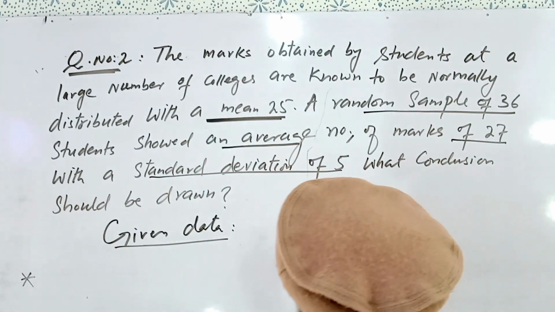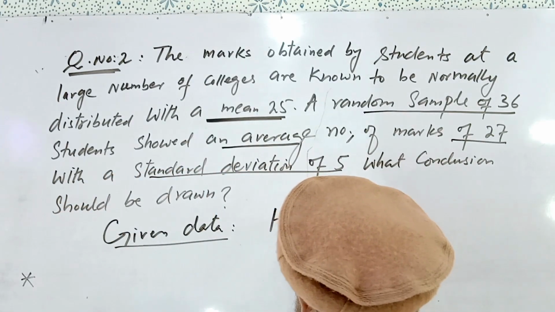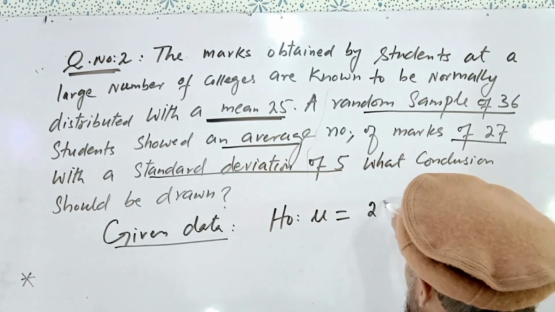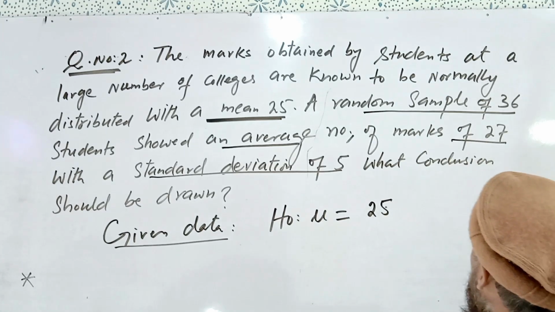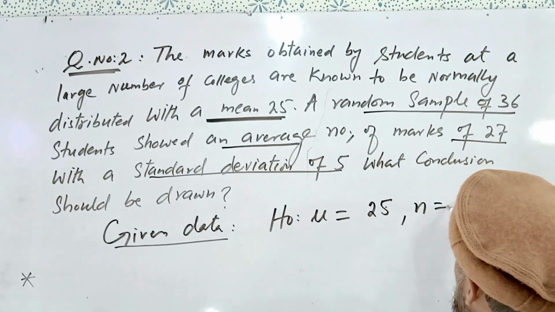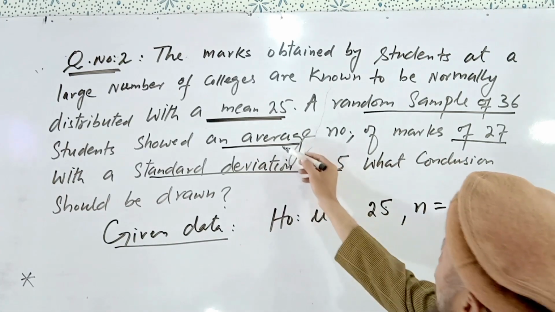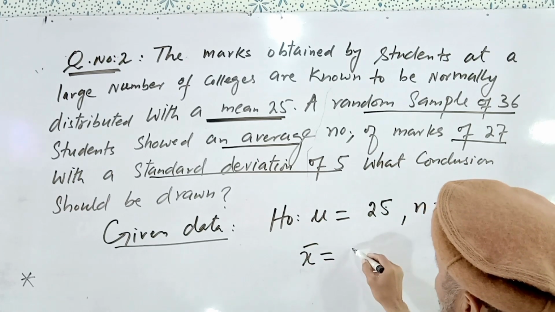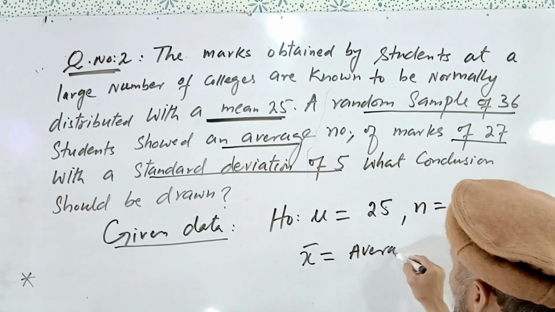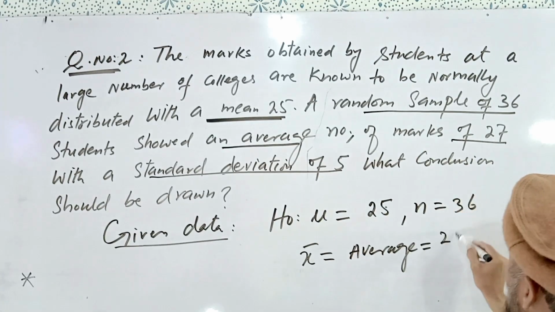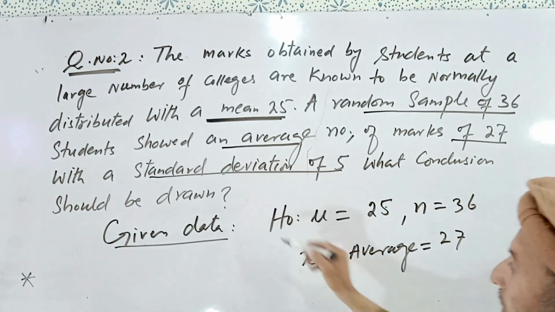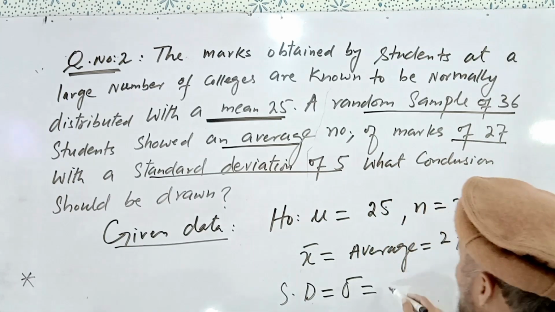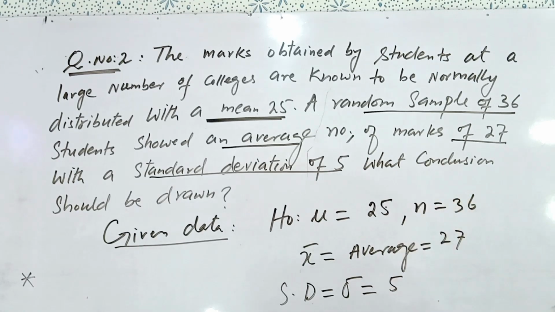We want to test the mean, with a normal distribution with mean 25, a random sample of n equal to 36, the average marks x bar is 27, and the standard deviation sigma is 5. What conclusion should be drawn?